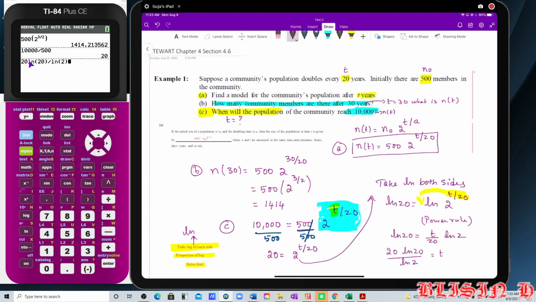So I would have the answer as 86.4385, so t is approximately 86.4 years. Make sure to put the unit, and that will be the answer to C. So just to recap, this is my answer to A, this is my answer to B, and my answer to C is 86.4 years.